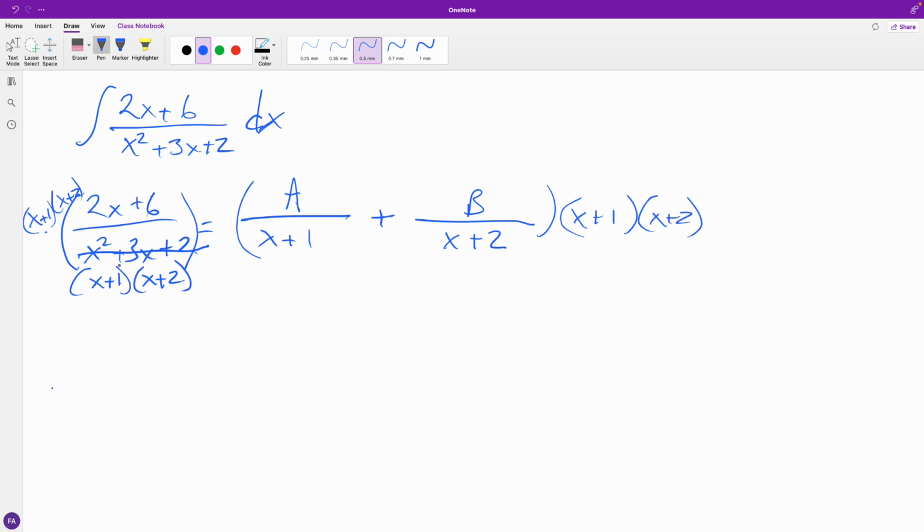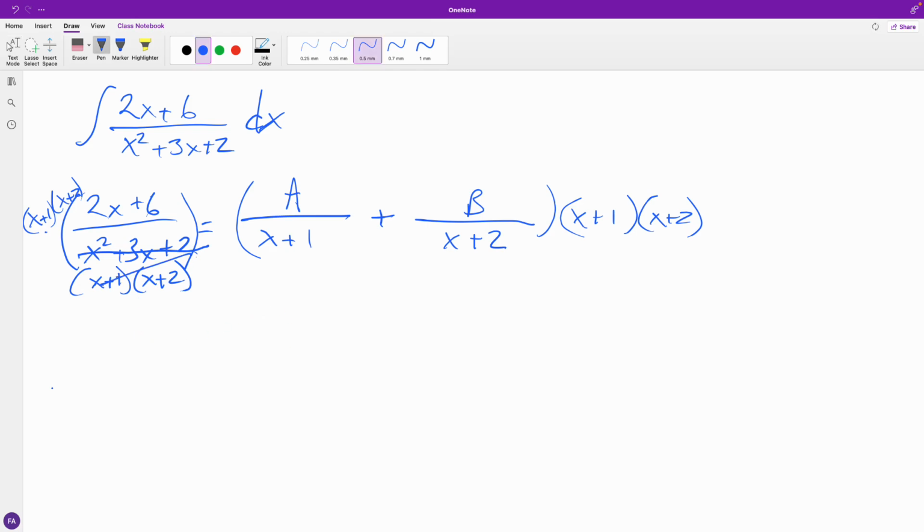Now, just to explain a couple pieces that are going on here. I factored the original denominator, and then I set it equal to a over x plus 1 and b over x plus 2. I can do that because I have the right to set it equal to something, especially when I have two unknowns in there, like a and b right now. And now I'm just multiplying both sides of the equation by the same thing.